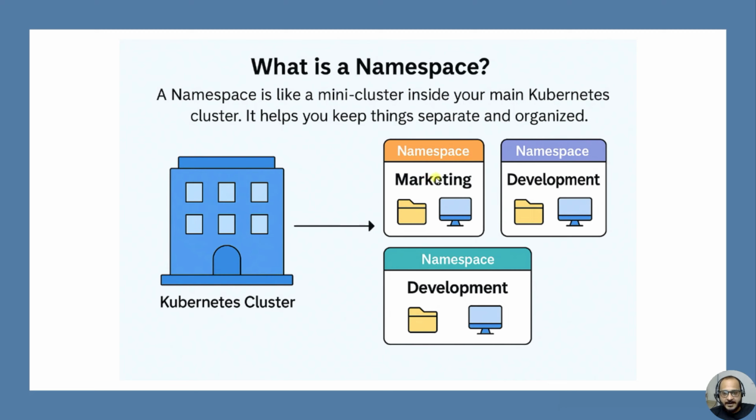So for troubleshooting, it helps a lot. It is a good practice whenever you create any resource, it could be a pod, deployment, service, StatefulSet, DaemonSet, whatever it is, to use a namespace to create that particular resource.